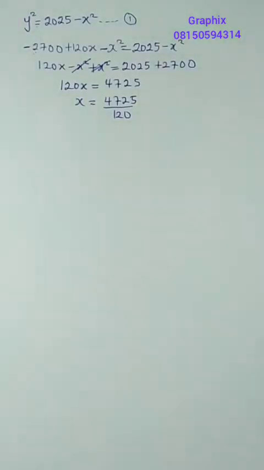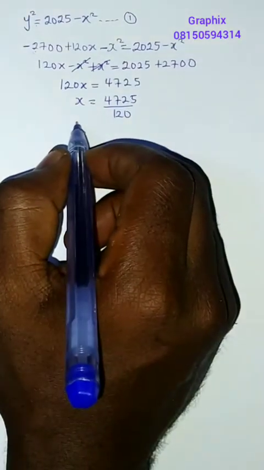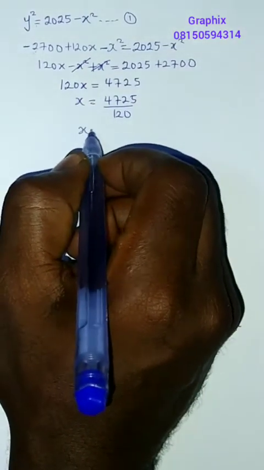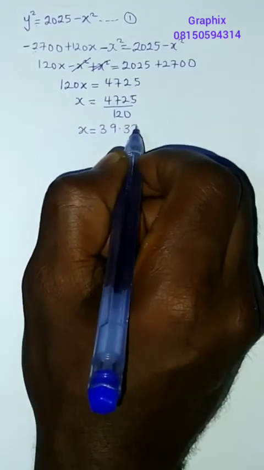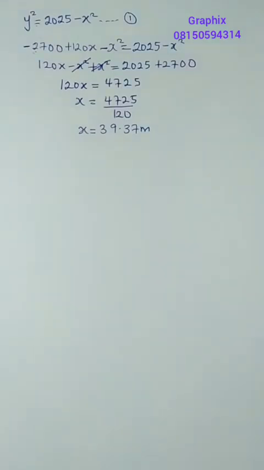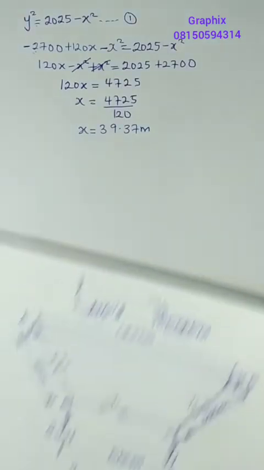If you press it, divided by 120, we're having 39.37. So my x here is equals to what? 39.37 meters.